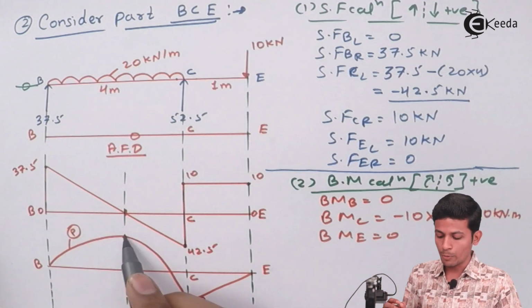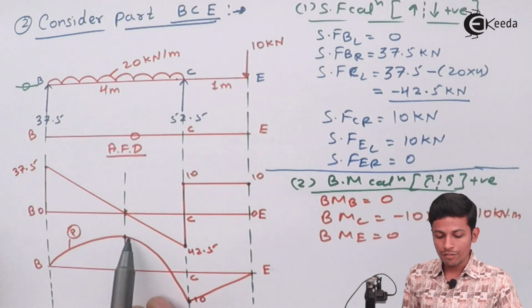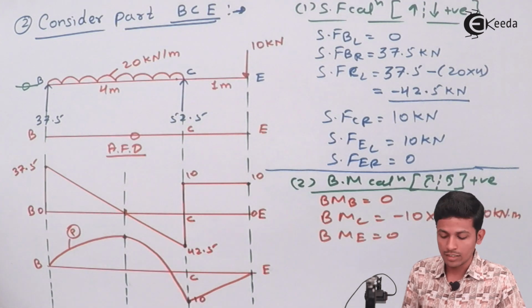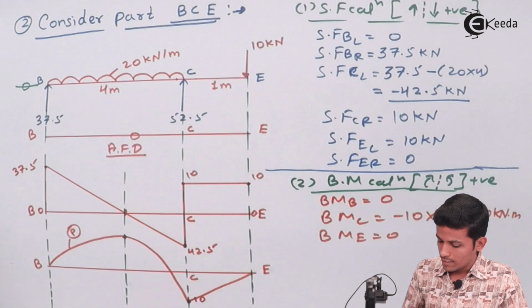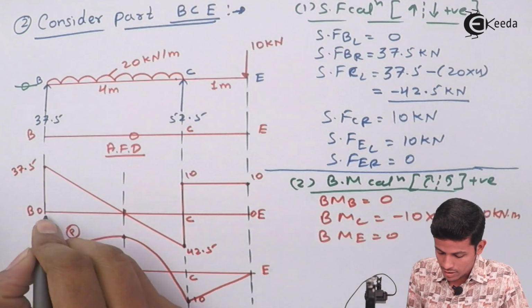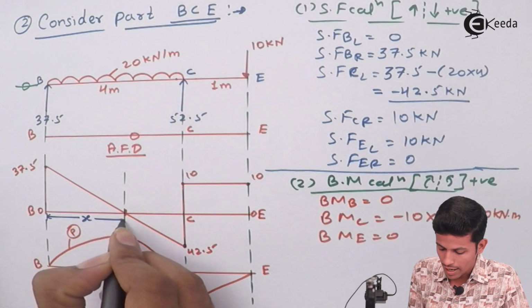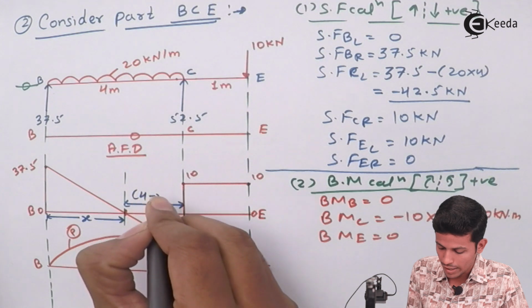Now how will you find this point? This is a main point over here. To find this point, first we have to know the distance x. Consider this distance as x, and this distance as 4 minus x.